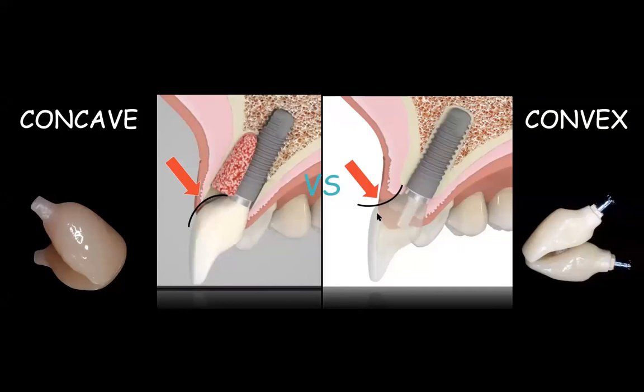I put a concave crown to try to support it. So this becomes an issue if the implant is not deep enough, because if you do not have depth of implant within the bone, you will have very little area to play with to create this concavity.